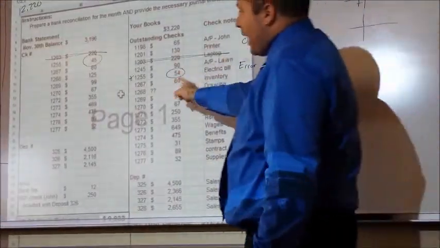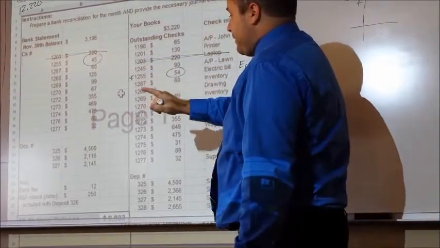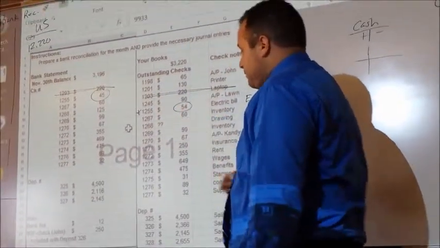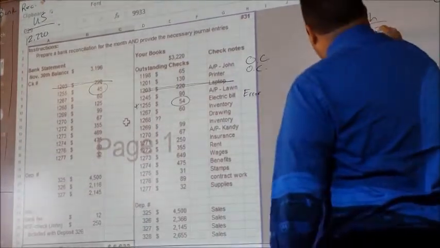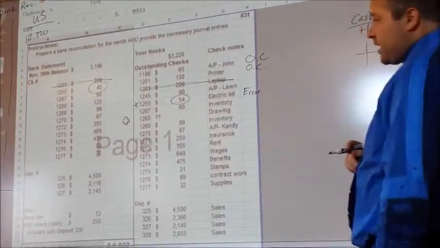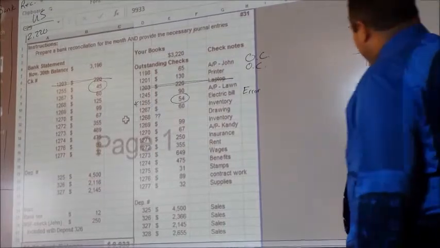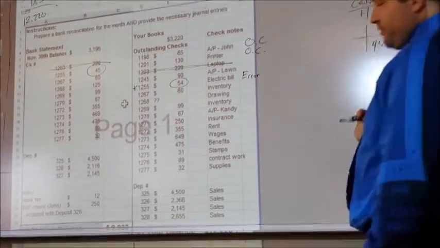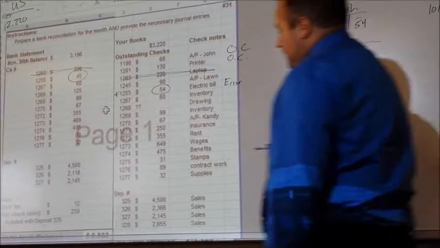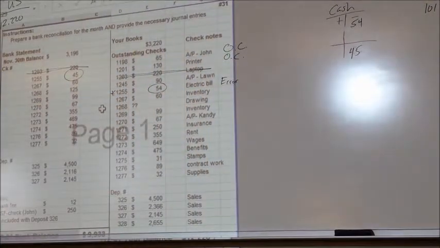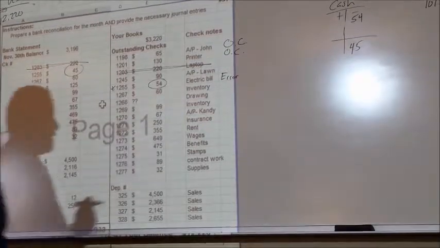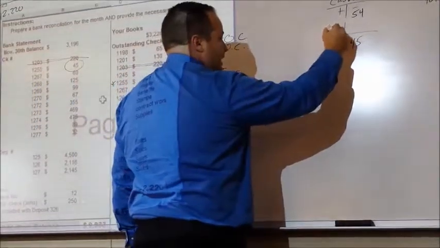And to know then, how am I going to affect this on my bank rec? I would make a little tiny T account just to help visualize it. I showed that I had $54 coming out. I really should have only had 45 coming out. What do I need to do on my bank rec? Not subtract 9. Add 9.